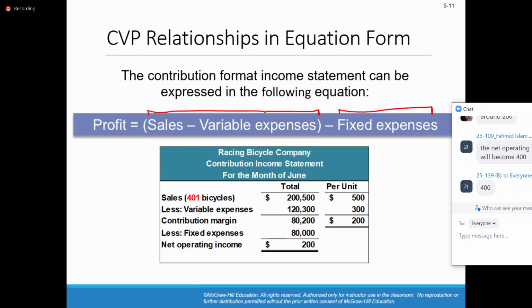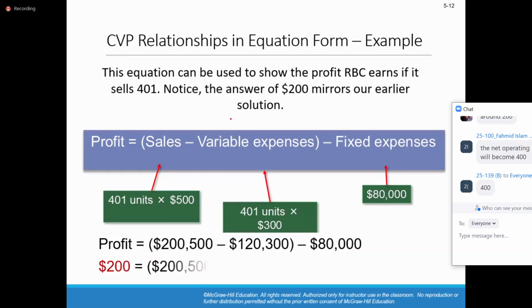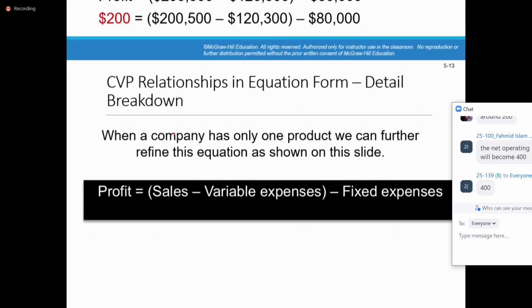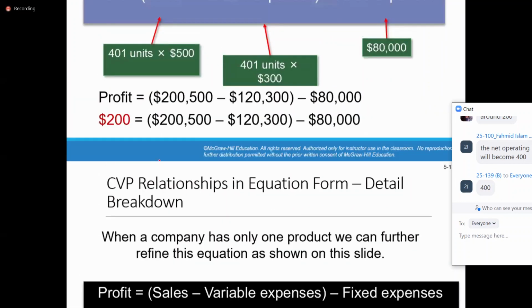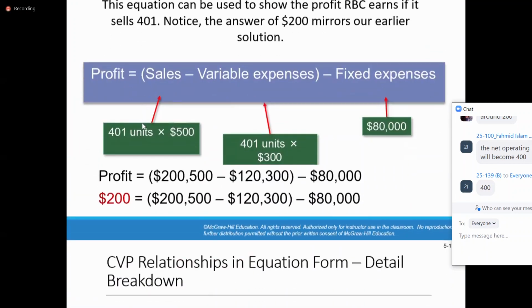So from this we get the net operating income. So how does it actually work? This sales is equal to 401, or it can be 430.